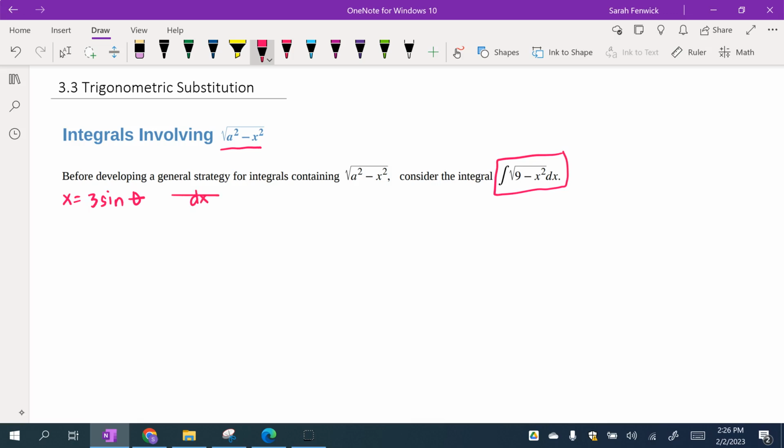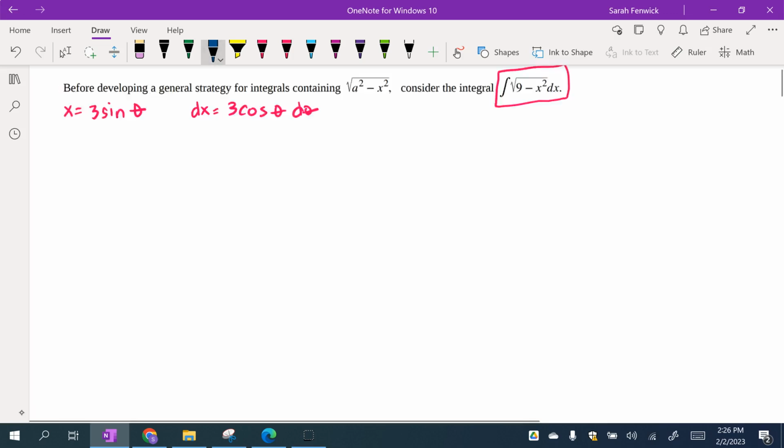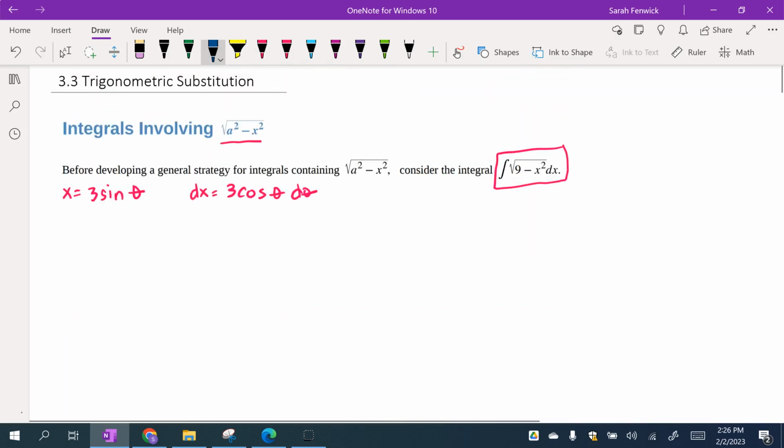So dx would be 3 cosine theta d theta. So we rewrite our problem as the integral of square root of 9 minus (3 sine theta) squared times 3 cosine theta d theta.